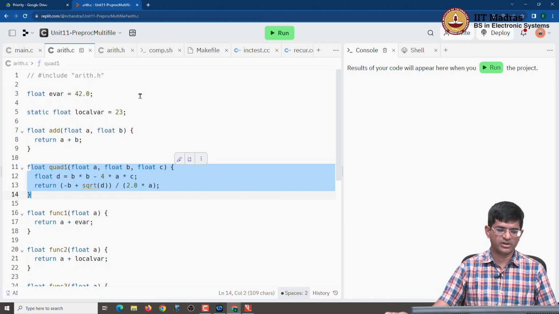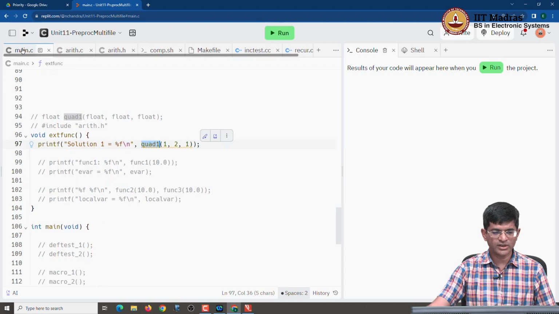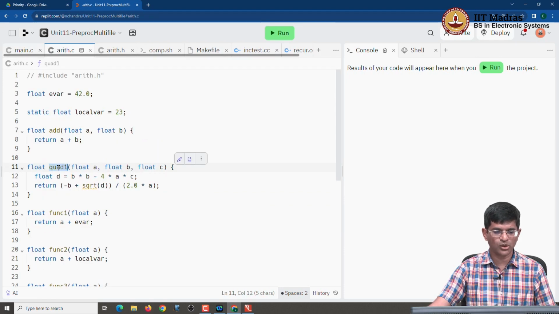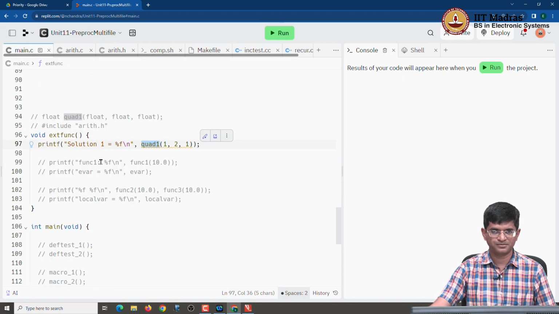The purpose of this was basically to show you that I could have another file where I have multiple different functions that are defined, and I would like to see if I can call this function quad1 that has been defined in arith.c directly from main.c.